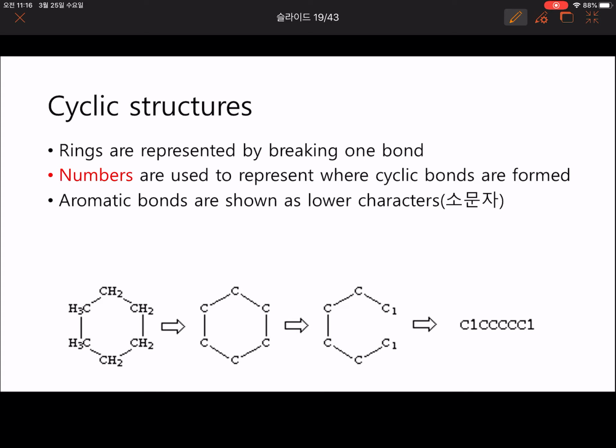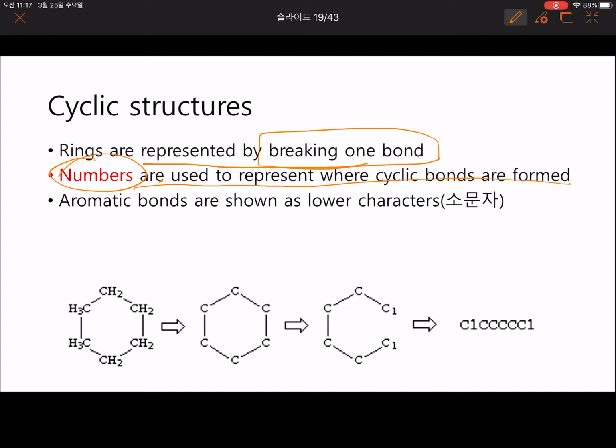And also another important fragment in organic chemistry is cyclic structures, right? Then how can you represent rings? So in SMILES representation, rings are represented by breaking one bond, and numbers are used to represent where cyclic bonds are formed.